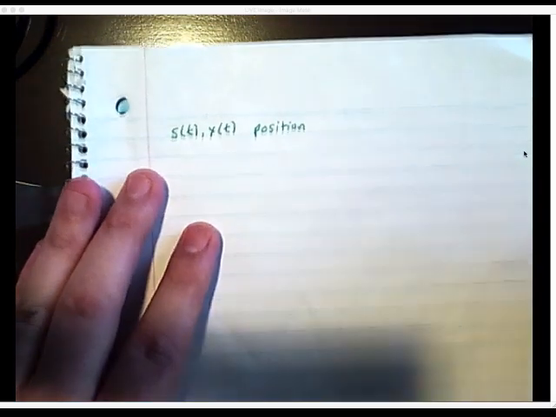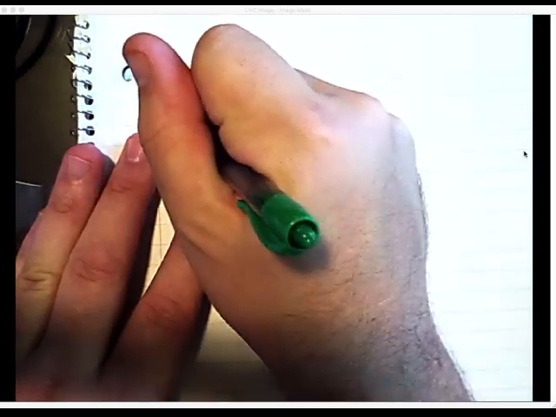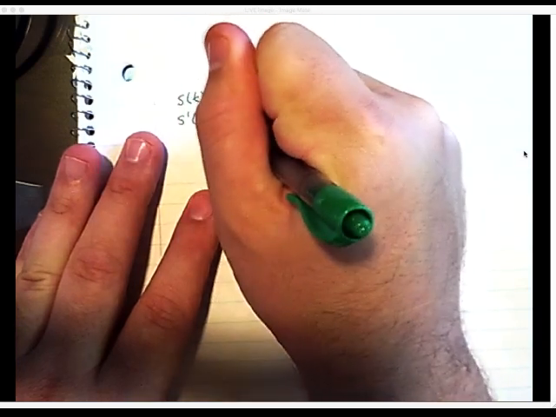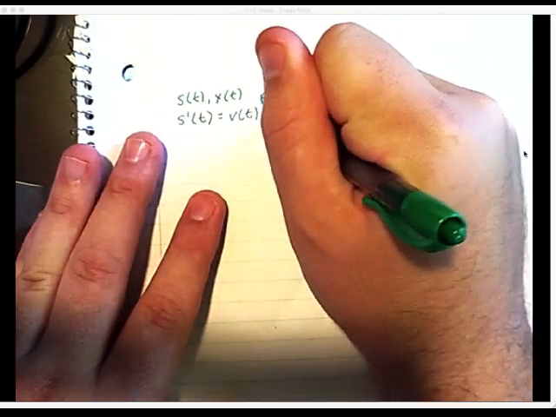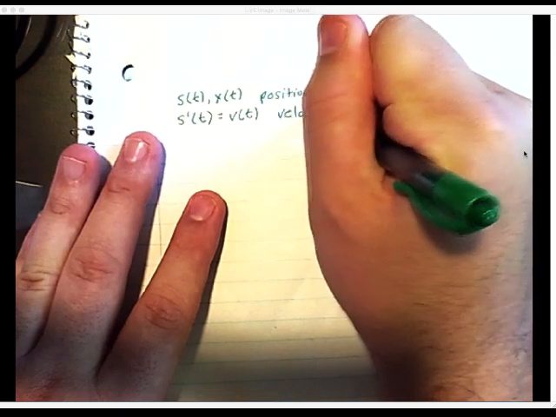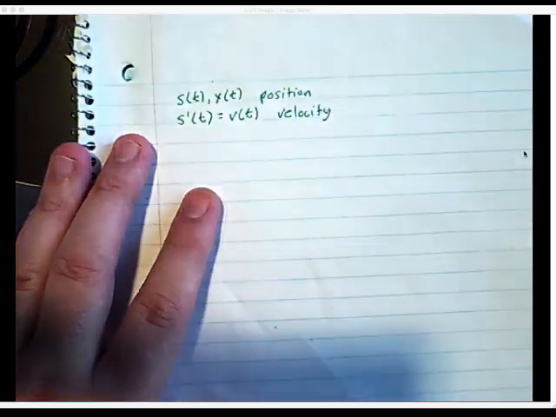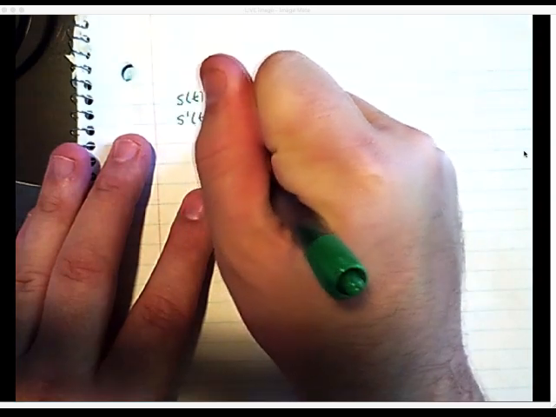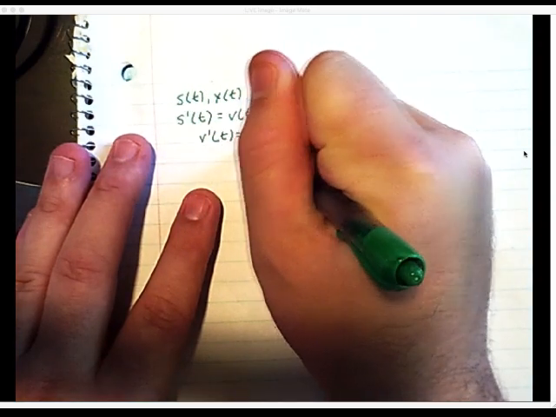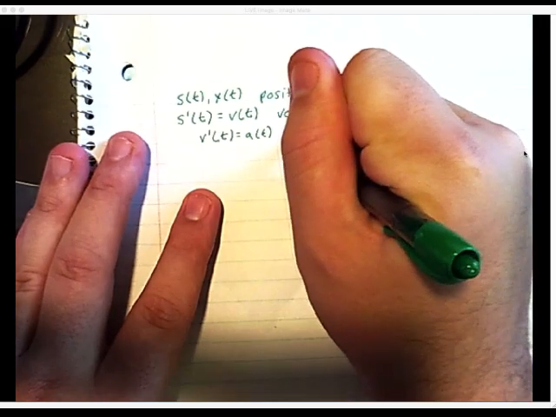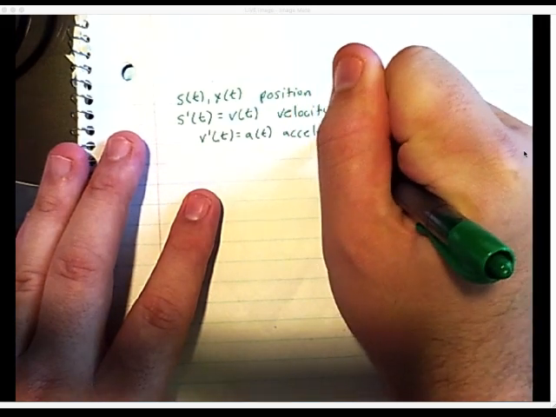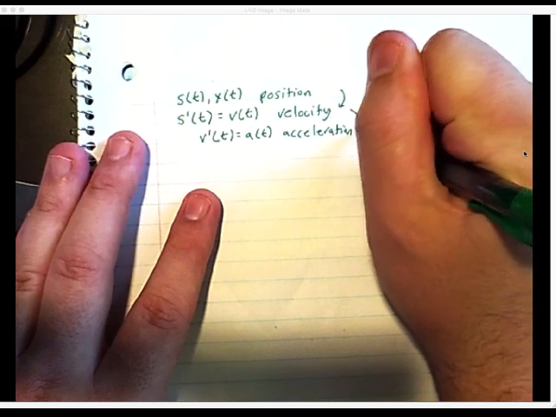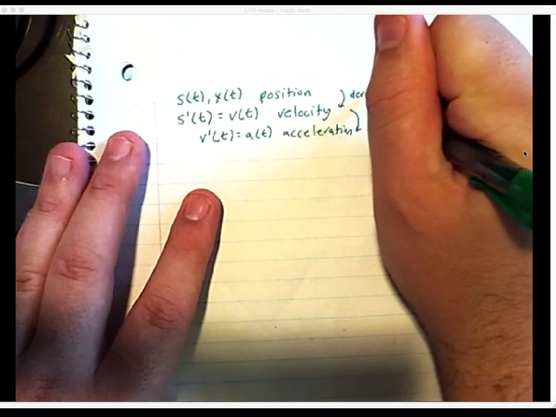If we take the derivative of position, that's the velocity function. Or if we take the derivative of velocity, that's acceleration. So in each case, to go down to the next one, we have to take derivatives.